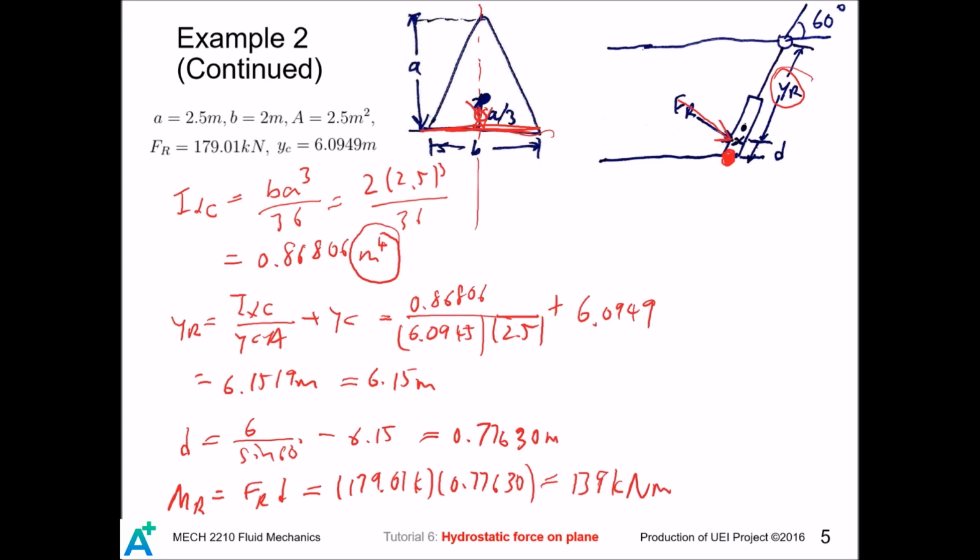Since there is a moment here, we must add some mechanism to prevent water from flowing out if there is a hinge here. But if we hinge the triangle at the pressure center, then this hydrostatic force will produce no moment. So we don't need such a mechanism.